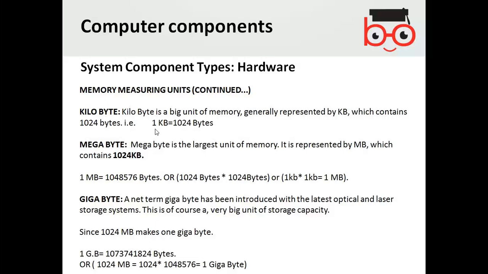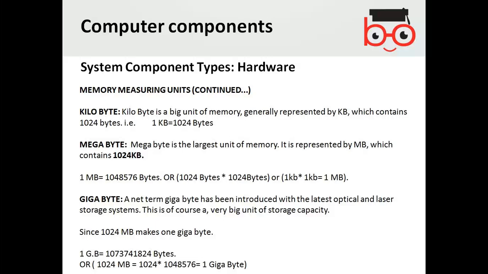but they have a relation of a multiplication factor. 8 multiplied by 2 makes 16, 16 multiplied by 2 makes 32, 32 multiplied by 2 makes 64, 64 multiplied by 2 makes 128, 128 multiplied by 2 makes 256, 256 multiplied by 2 makes 512, 512 multiplied by 2 makes 1024.